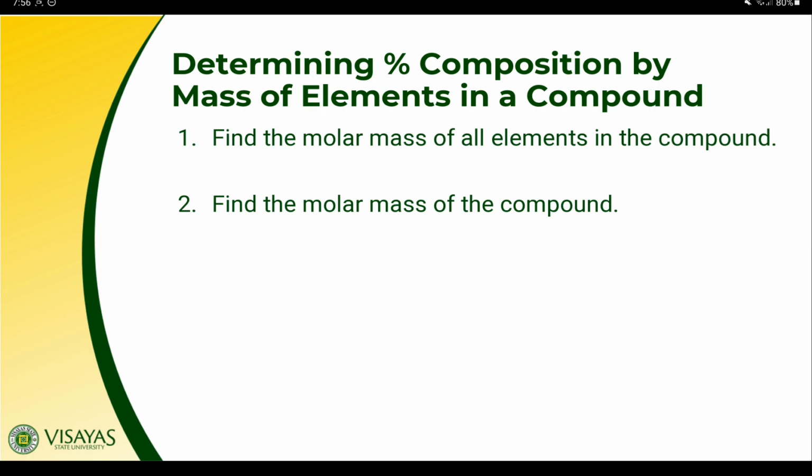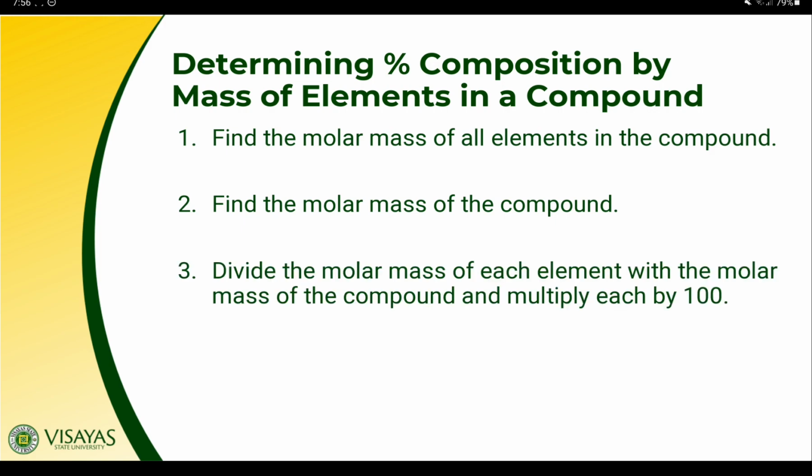Then, to get the molar mass of the compound, we get the sum of the molar masses of all the elements in that compound. For the last step, we divide the molar mass of each element by the molar mass of the compound, and we multiply each by 100 to get the percent composition of the element.